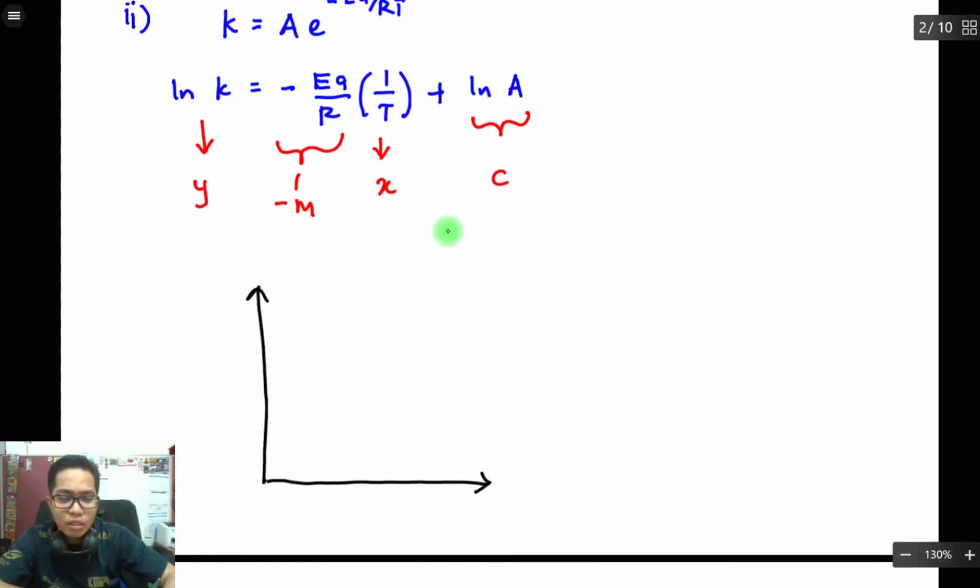The y-axis is ln k, the x-axis is 1 over T, make sure the unit is in Kelvin. We get a straight line with negative slope. The intercept here will be ln A.